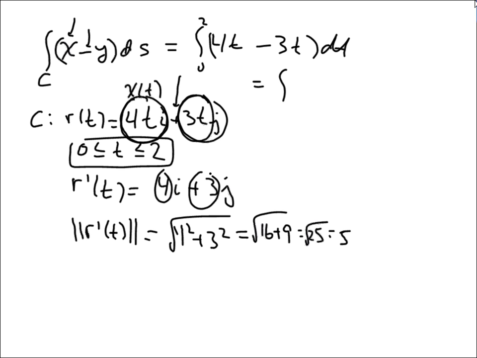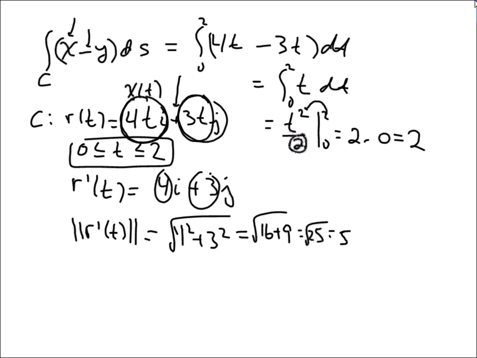And of course, 4t minus 3t is 1t, or t. And the integral of t dt is t squared over 2 from 0 to 2. 2 squared is 4, divided by 2 is 2, minus, you plug in 0, you get 0 squared over 2, which is 0. 2 minus 0 is 2.